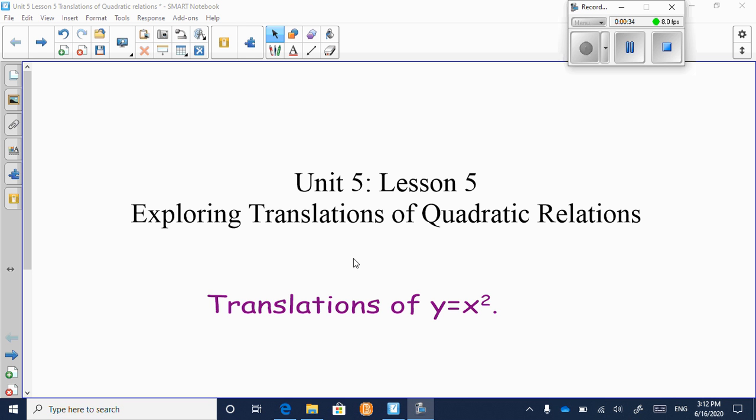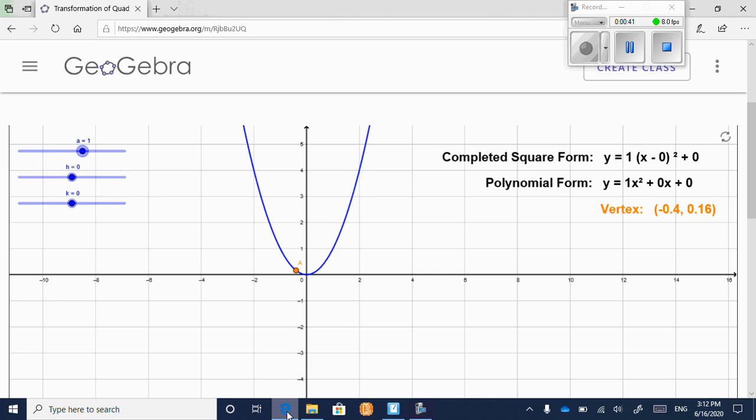I want to just review the last lesson by looking at a little applet. I'm going to bring this up on the screen. So this right here is your bread and butter parabola. This one is y is equal to x squared.